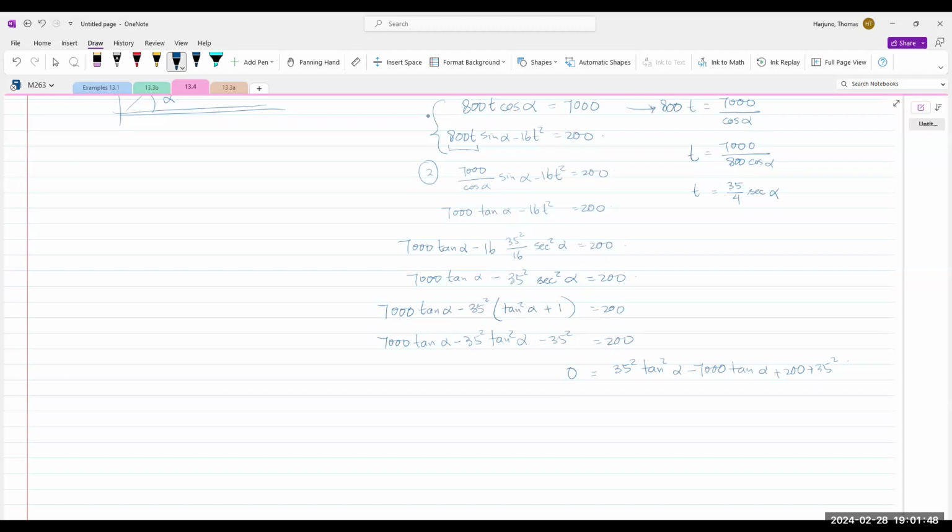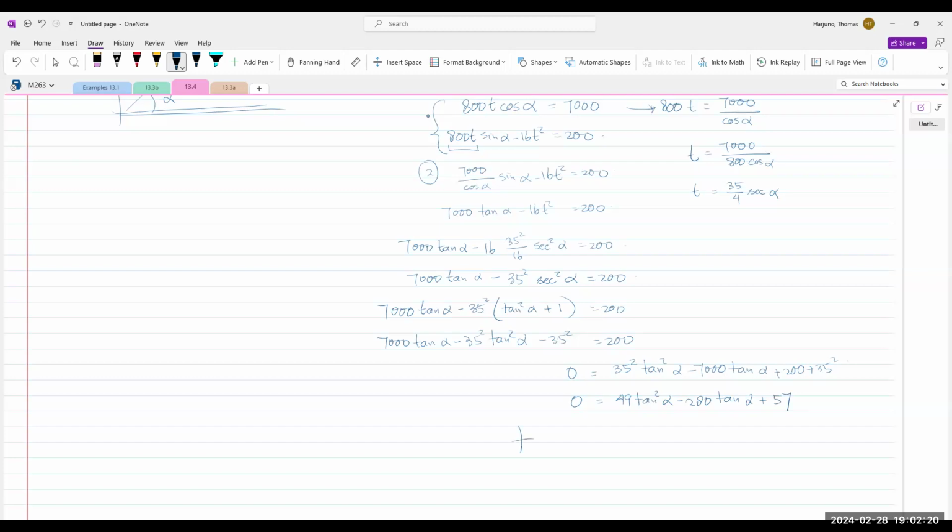Okay, I think I can reduce by 25. If I reduce by 25, I get 49 tangent squared alpha, minus 280 tangent alpha, plus 49 plus 8, that's 57.